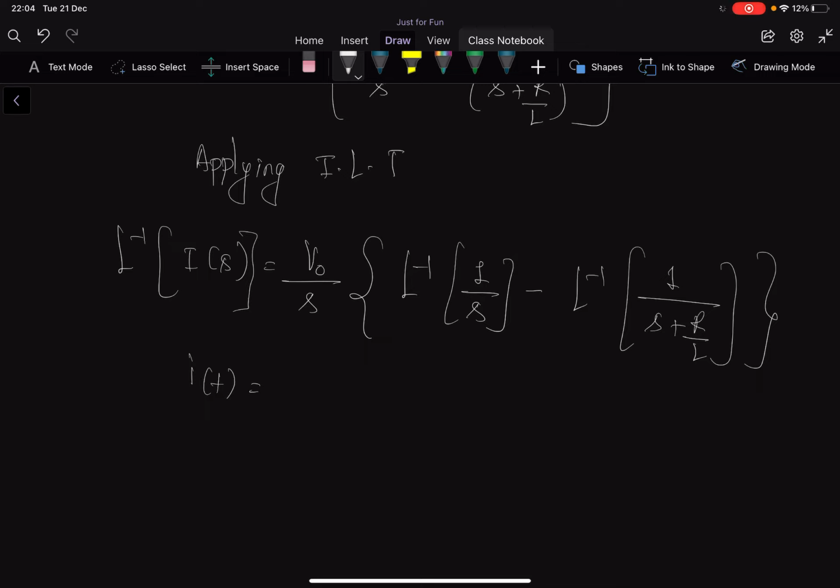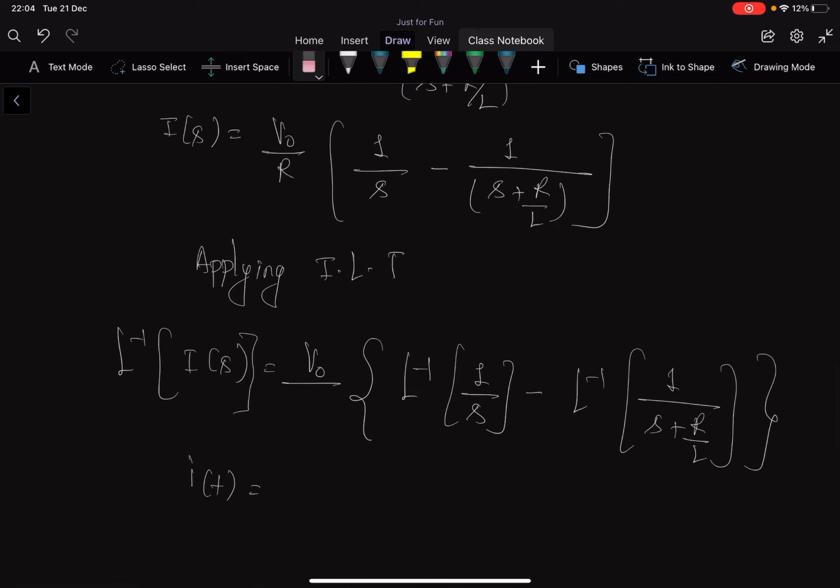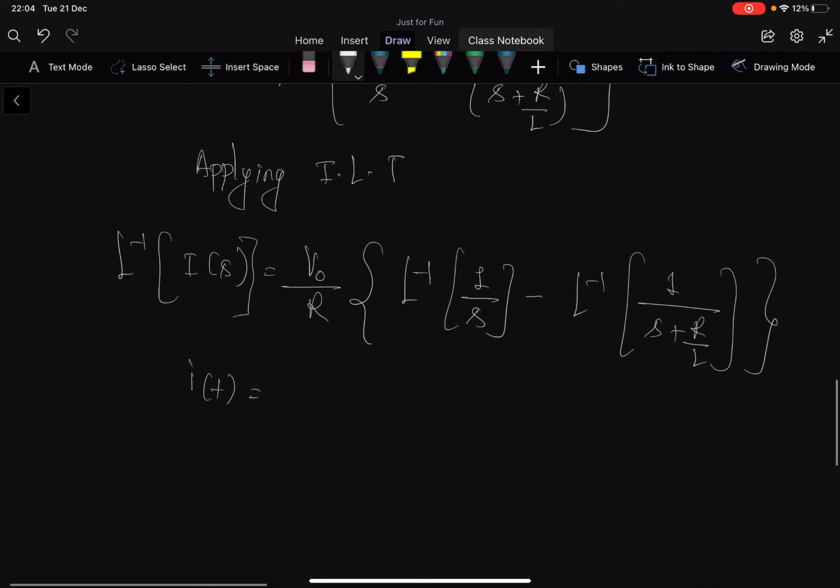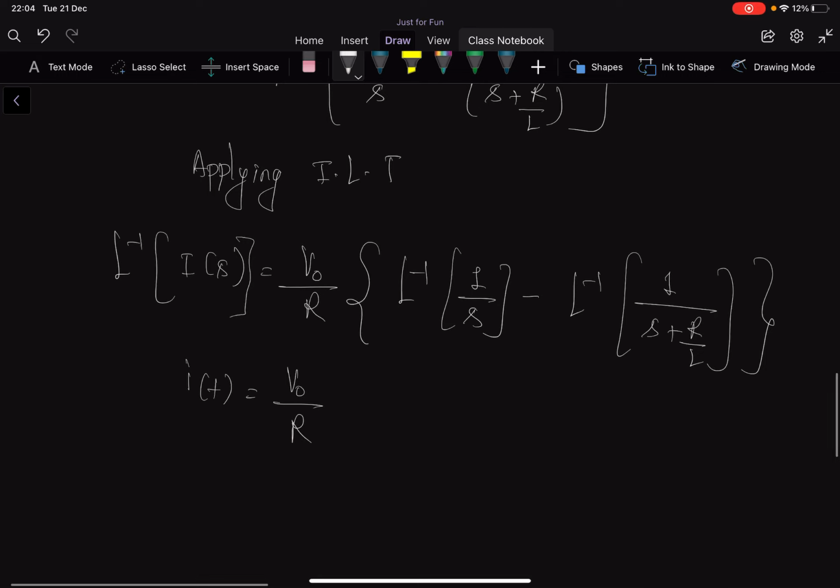I don't know why I used this as S, it should be R. And then we have V naught over R, and the inverse Laplace of 1 over s is 1, minus the inverse Laplace of 1 over s plus R over L.